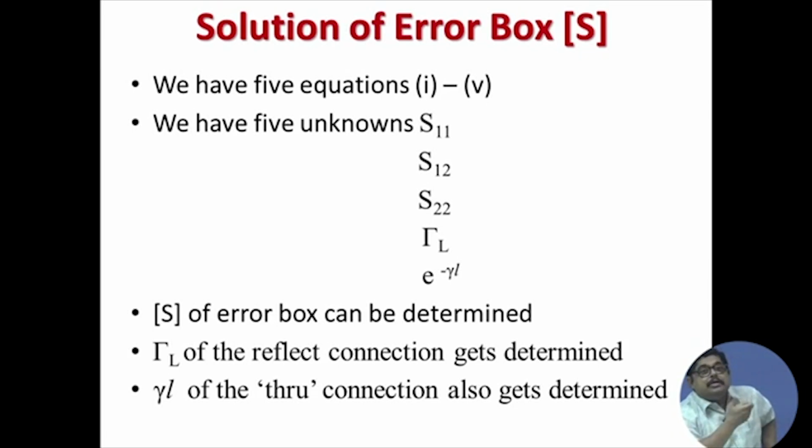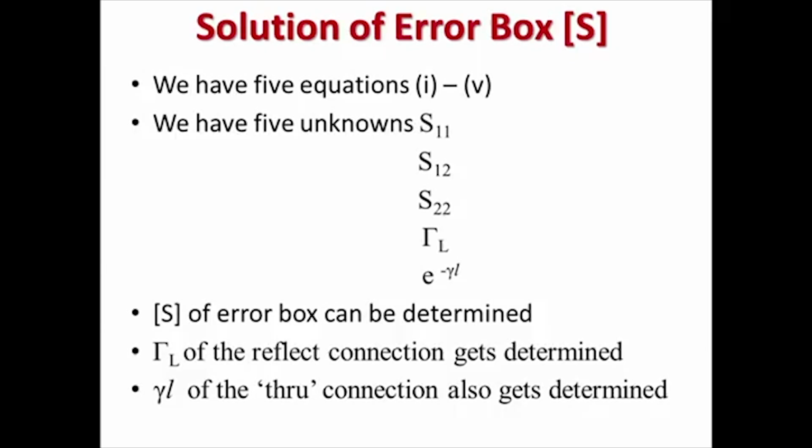Also you can get the gamma L of your through connection. So, you see such a nice procedure: you measure by 3 such TRL connections, the network analyzer measures the S parameters, then it finds out the error boxes by this mathematics. So, at actual measurement time it can correct for those errors.